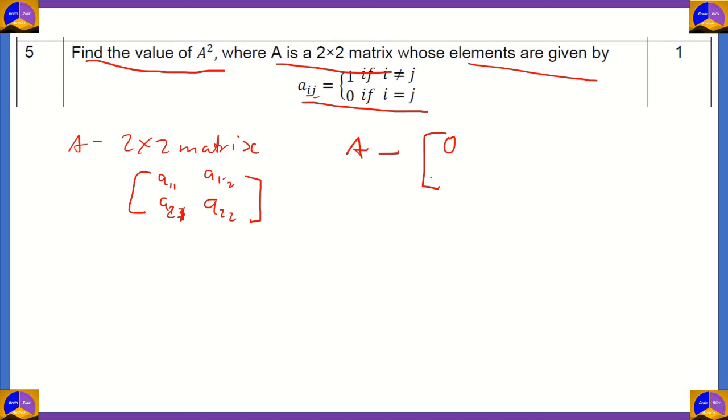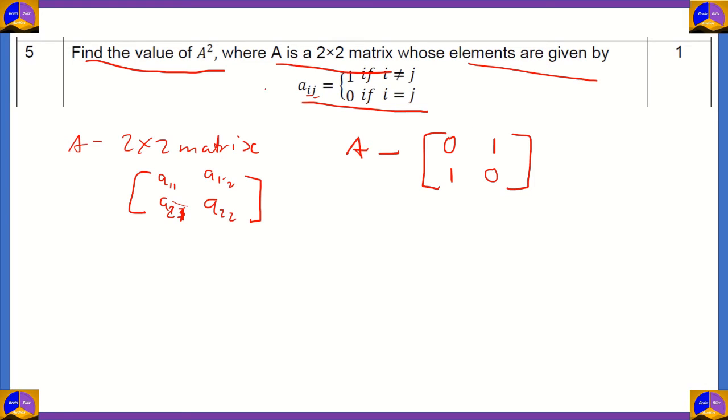For A12, i not equal to j, so the value is 1. For A21, it is again the same. They're not equal, so you get 1. A22, both i and j are equal, so you get a 0. So the matrix A is 0, 1 for the first row and 1, 0 for the second row.